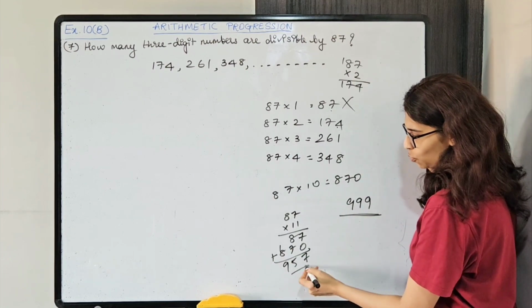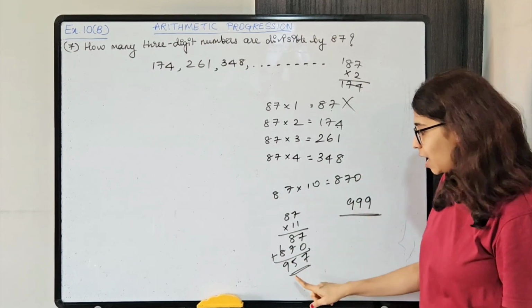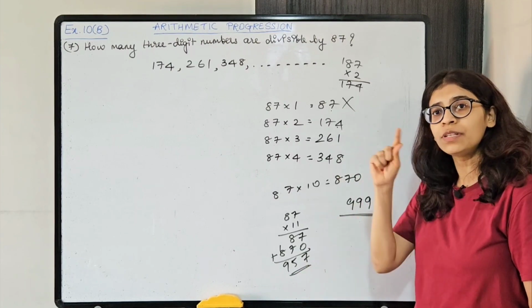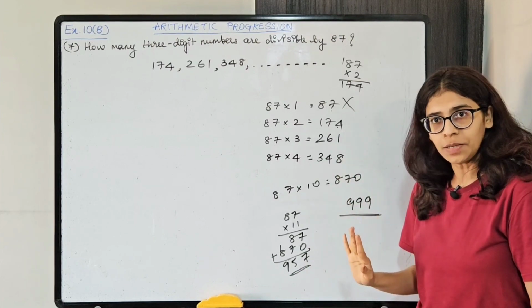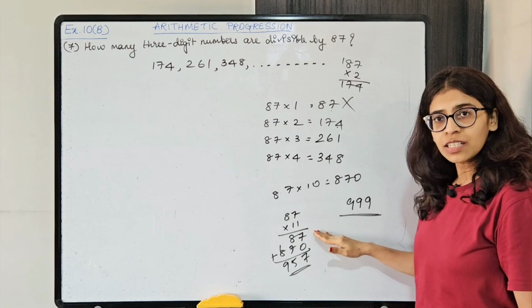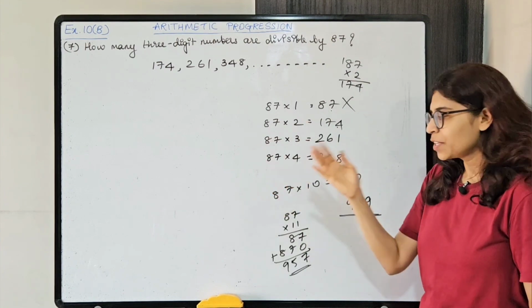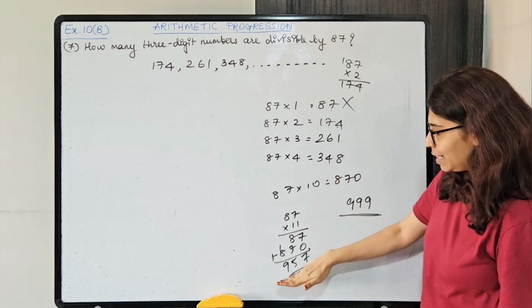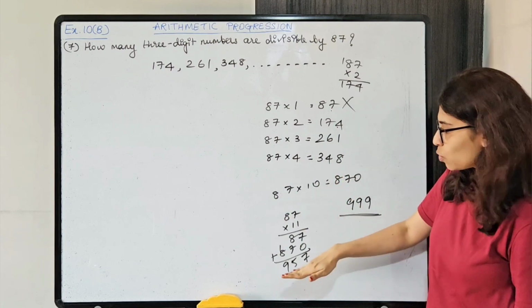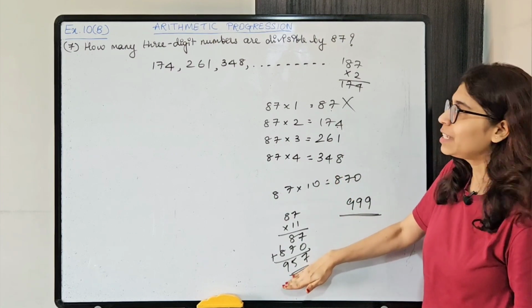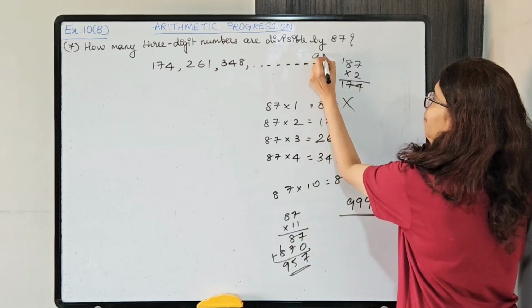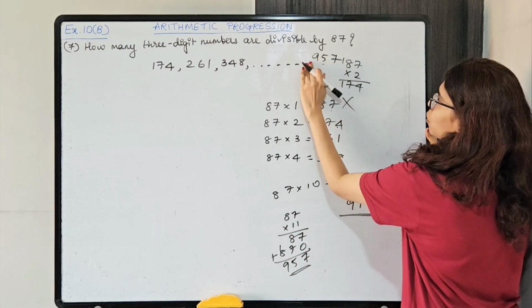Okay, so this will be the last 3-digit number divisible by 87. If we consider 87 12s, we will get more than 1000, and 1000 is a 4-digit number, so we are not going to consider it; we have to consider only 3-digit numbers. So 87 11s are, that is 957, is the last term of the AP.